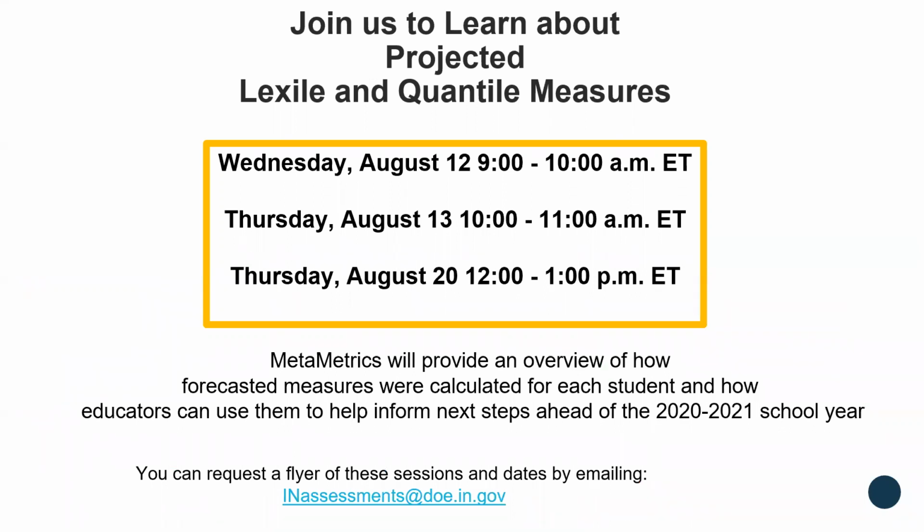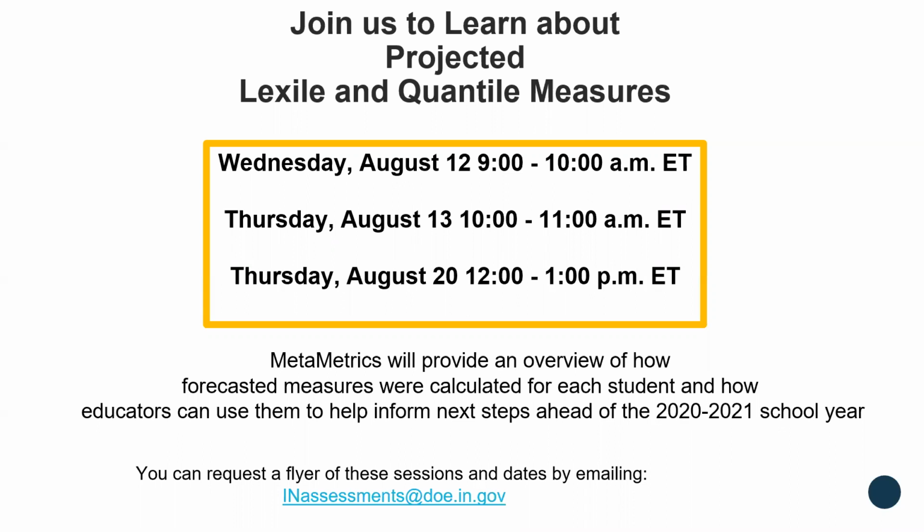So the researchers at MetaMetrics, along with your researchers in the Indiana Department of Education, are working to give educators a projected measure to calculate where these students may fall on the Lexile and quantile scale as they enter this next school year, to give you an idea of where these students are re-entering the new school year, because you have been a partner of MetaMetrics so long.